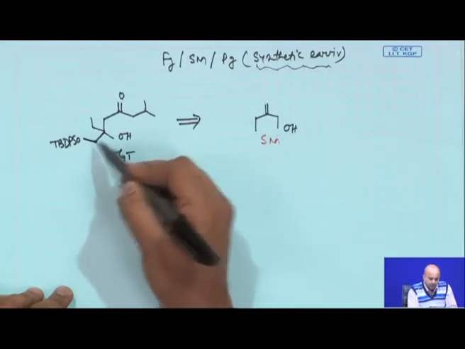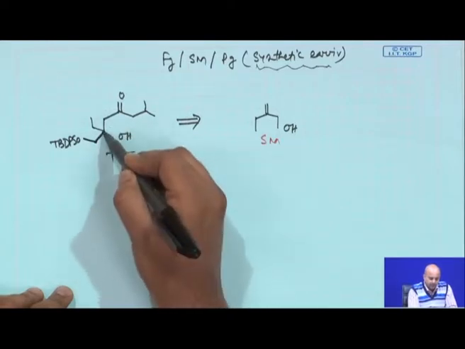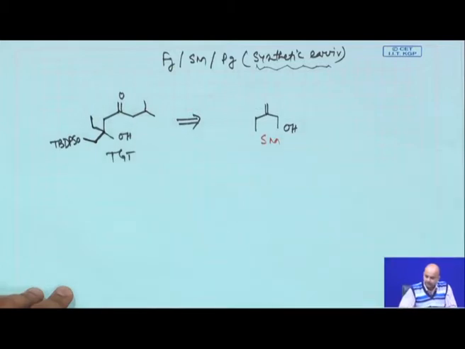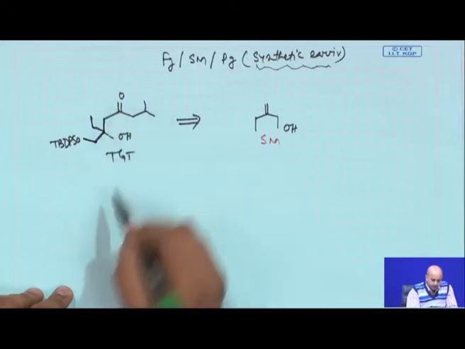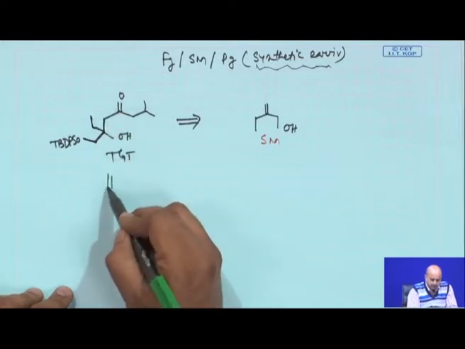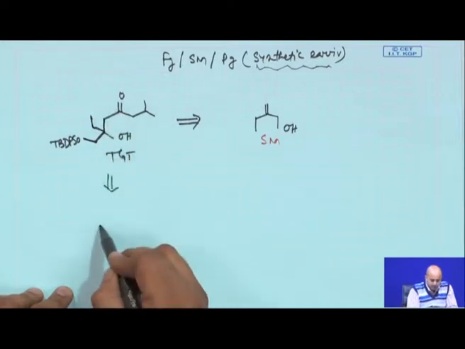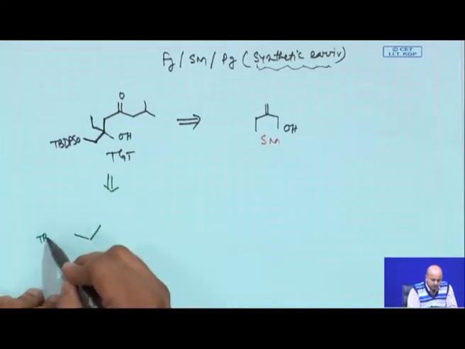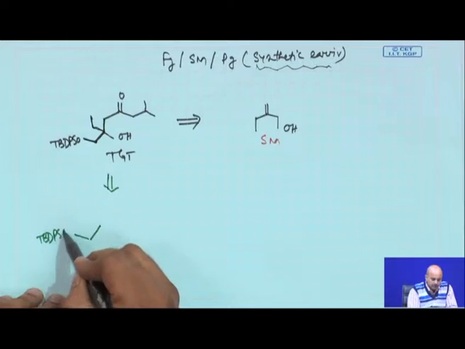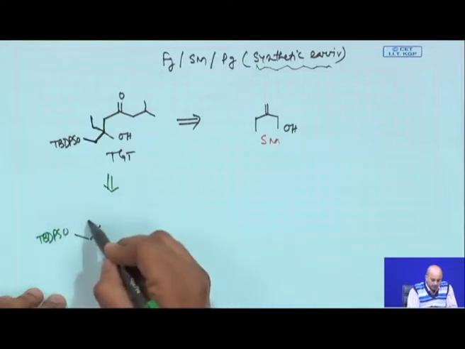So, this part is the ethyl, and now this particular double bond might be this one where you do something else. Now we will cut the molecule retrosynthetically, and you see how to cut the molecule.